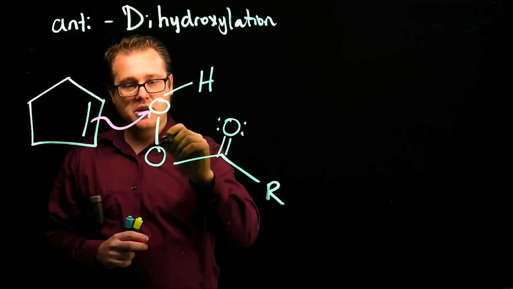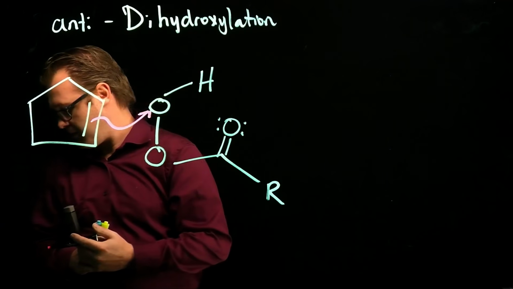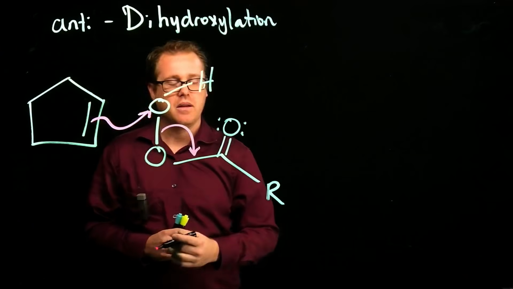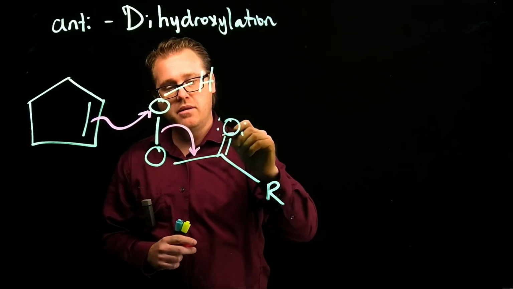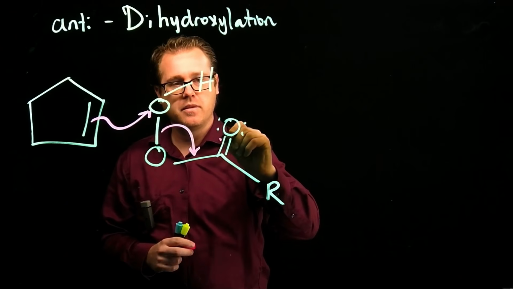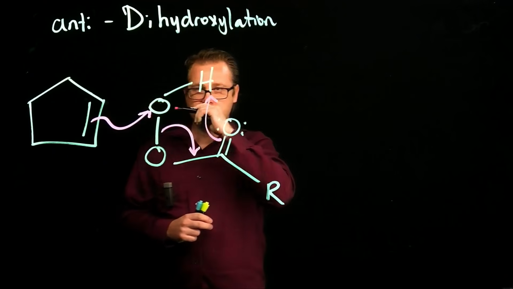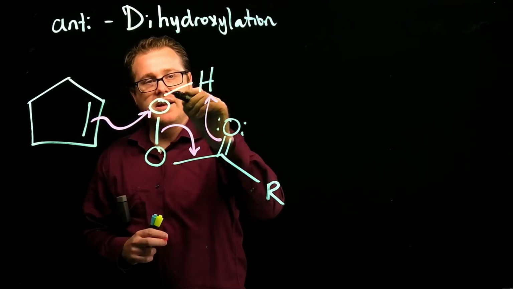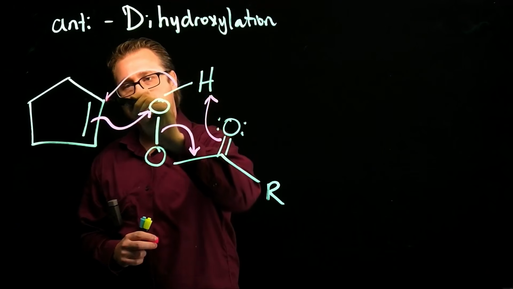And then this oxygen-oxygen bond is going to break like so. And then this carbonyl right here is going to take the electrons like so to grab that hydrogen. And then these electrons in this bond right here are going to come in and attack the carbon.